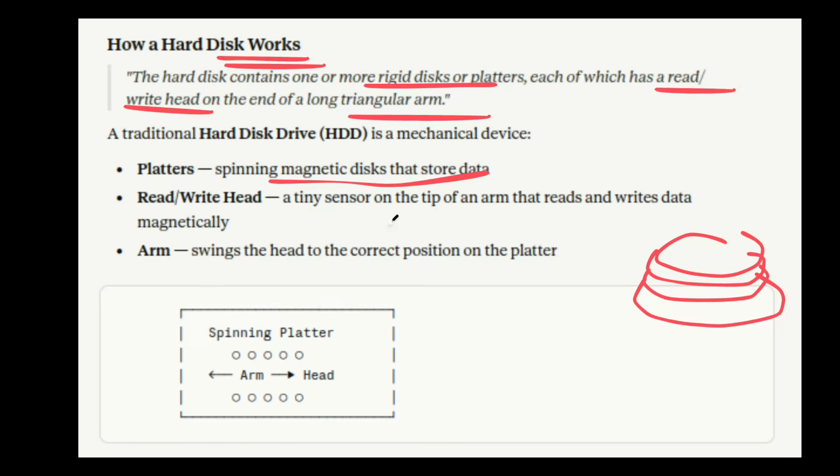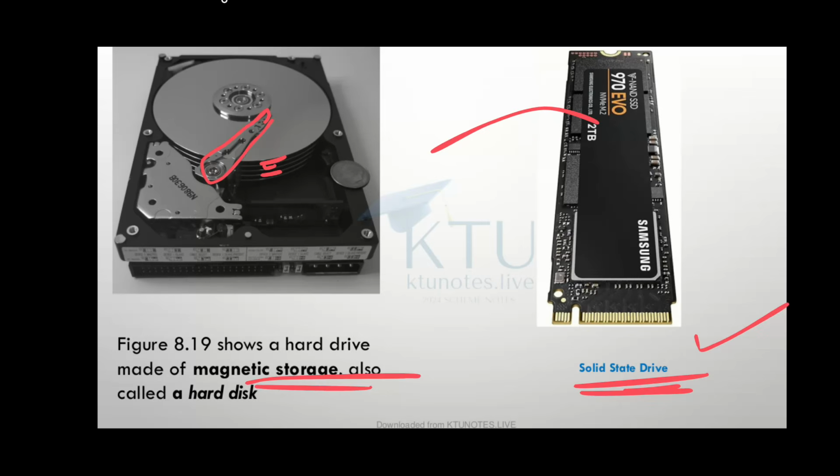The read or write head, a tiny sensor on the tip of an arm, actually reads and writes data magnetically on the platters. The arm is what swings the head to the correct position on the platter. So platters are nothing but the spinning magnetic discs that are used to store data. Spinning magnetic discs, that you have to understand. What are platters?